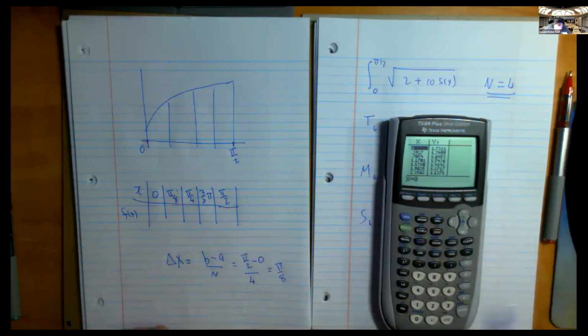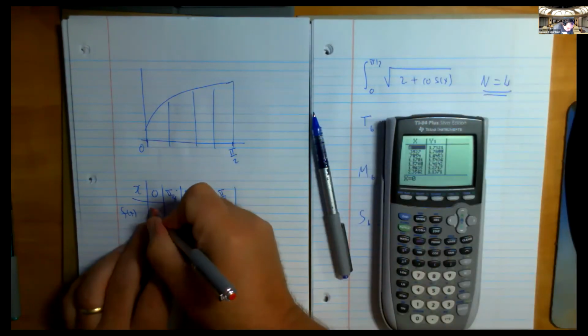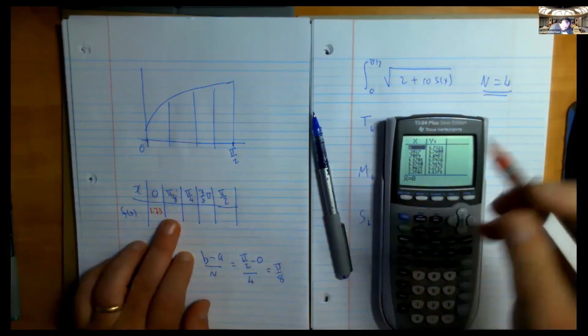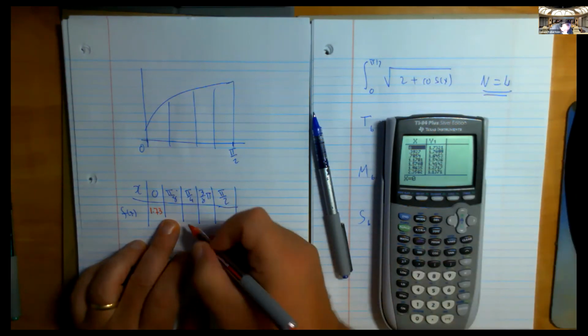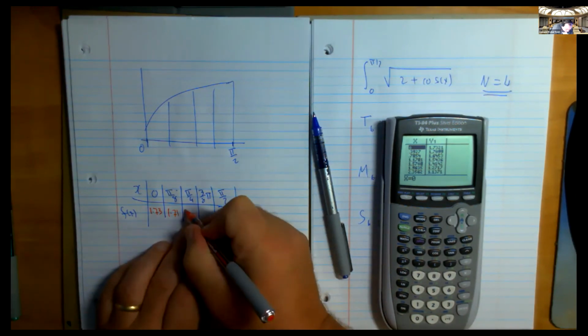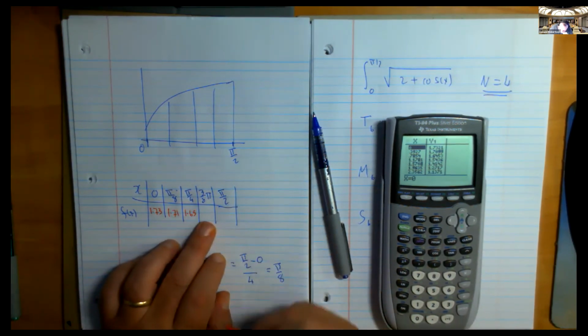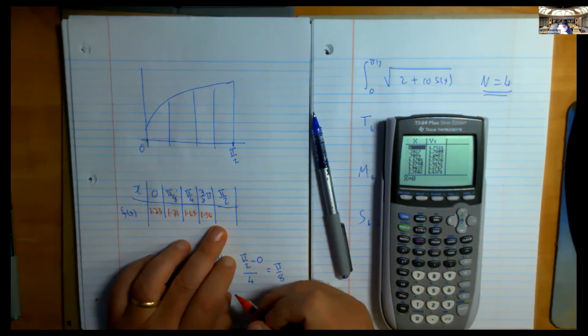And that first guy is 1.73. That next one is what pi upon 8 is, so it's 1.71. I'm rounding these off because I don't have a lot of room. 1.65. The next one is 1.54. And the last one is 1.41.